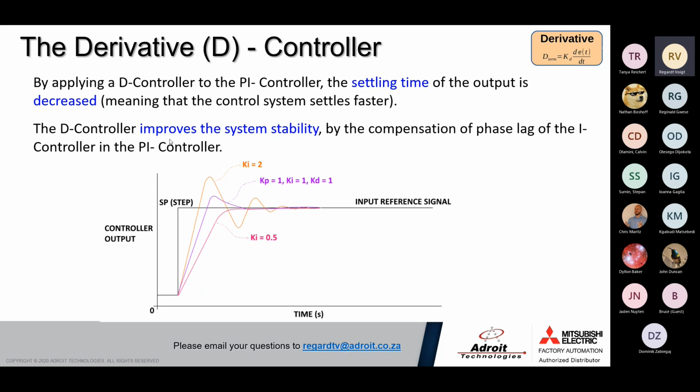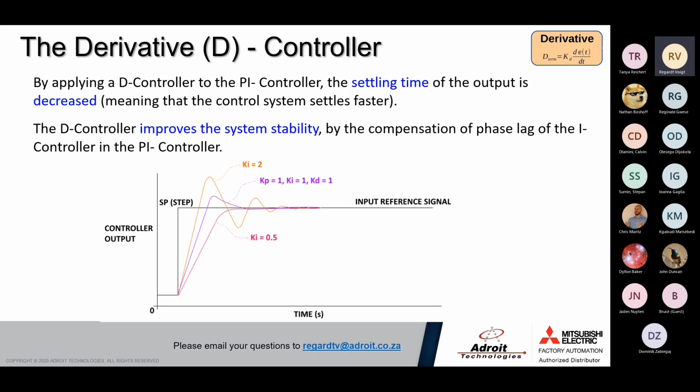A problem that this will solve, if you refer back to your previous slide where I mentioned that you will in some cases have a wind up error if you only have a P and I controller, which is very rare, then the introduction of a D controller will mitigate that error as well, for a faster settling time.